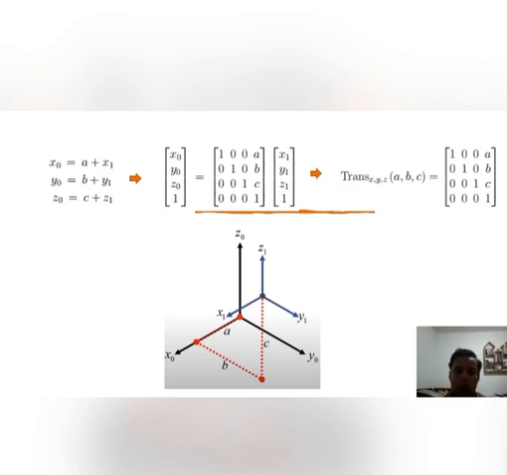It will be given in the system 0 by coordinate x.